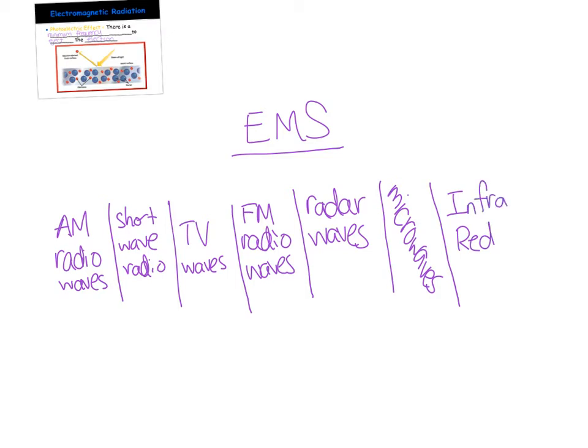Infrared waves. So infrared, and you're going to see infrared written as IR all the time. Is that really how infrared is spelled? Yes. So this is long wave, low energy.